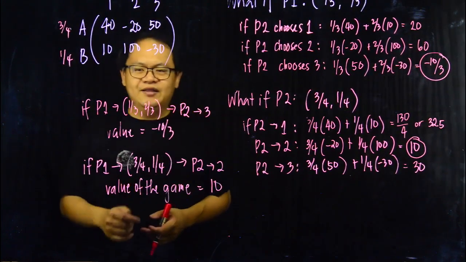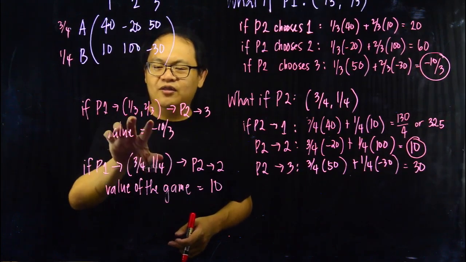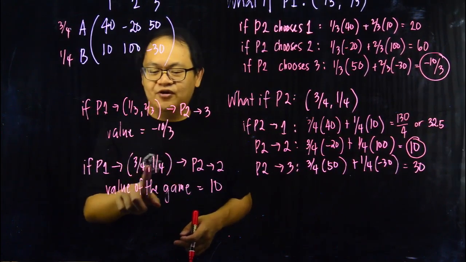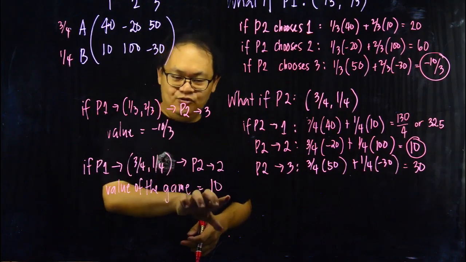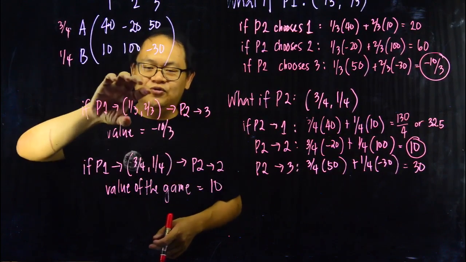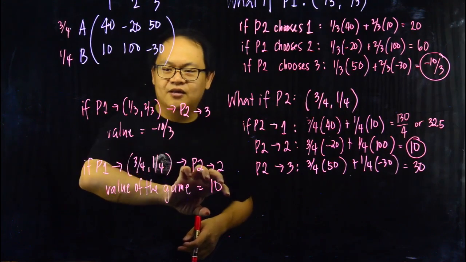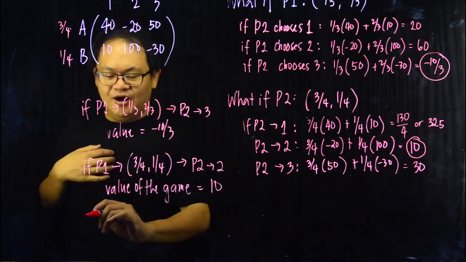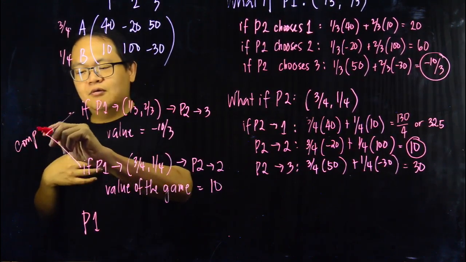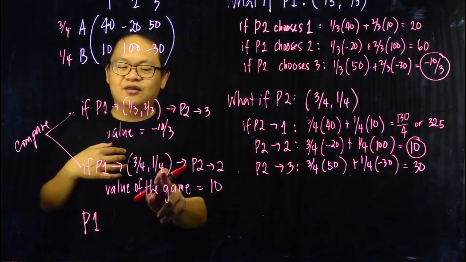Now, if I'm player 1, and I'm looking at the two possible scenarios, if I do 1/3, 2/3, I will lose 10/3 in the long run. If I do 3/4, 1/4, I will win 10. So if I'm player 1 and I'm comparing the two, what will I do? 1/3, 2/3, or 3/4, 1/4?